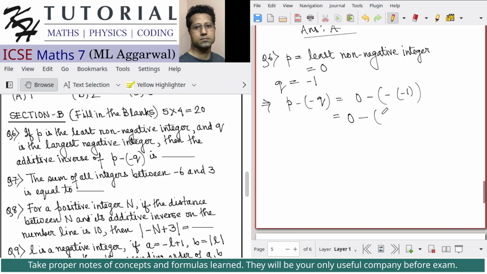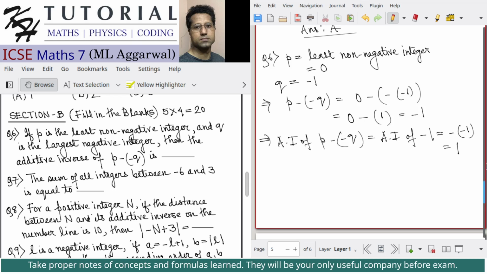So we have 0 minus (-1), and this is obviously equal to 1. So the value of P minus Q is equal to 1. This implies the additive inverse of P minus Q is equal to the additive inverse of 1, which is equal to -1.